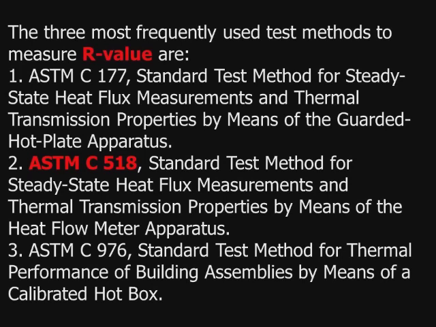When you look into the ASTM guidebook, the most frequently used test methods are ASTM C-177, ASTM C-518, and ASTM C-976. These are all very similar tests, and they are used to determine R value. The way they do this is they actually check for the K factor, so they're measuring the amount of heat that goes through any given material at a specific thickness.